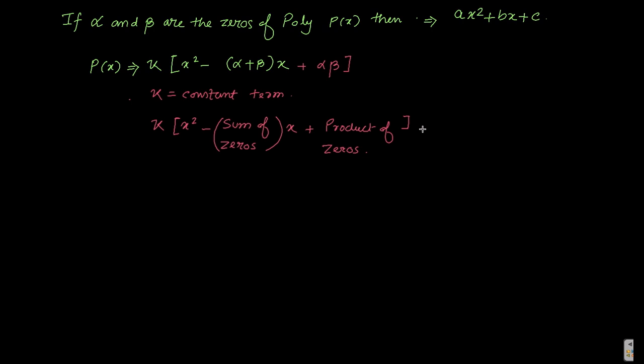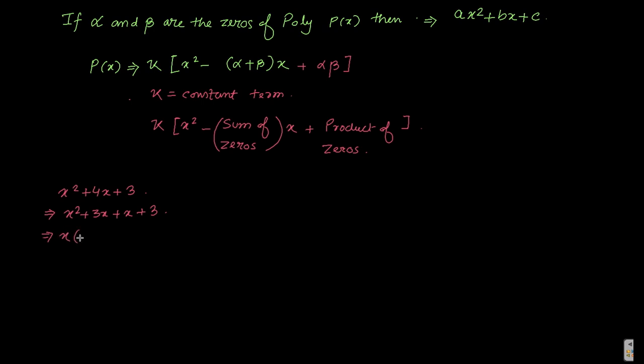That means if we take x square plus 4x plus 3 and factorize this part, it is x square plus 3x plus x plus 3. This is the simple middle term factorization.